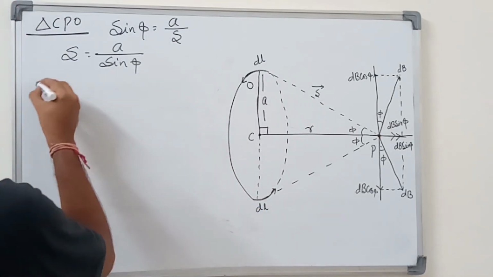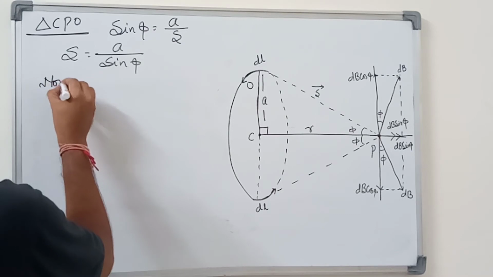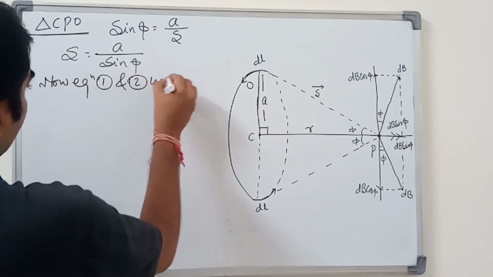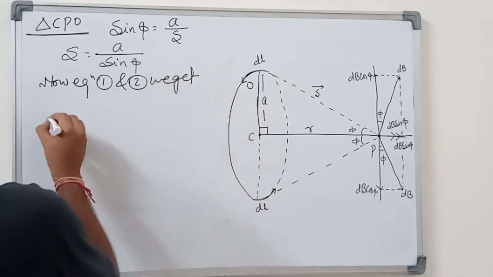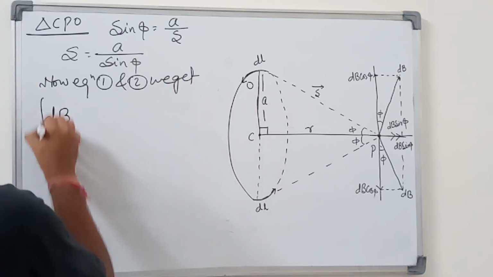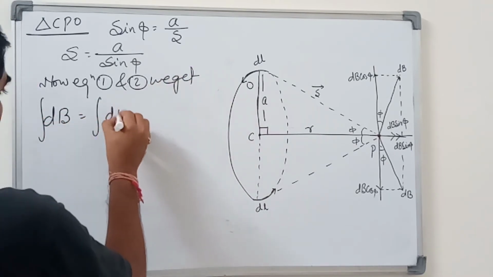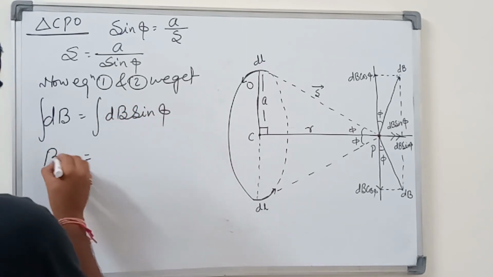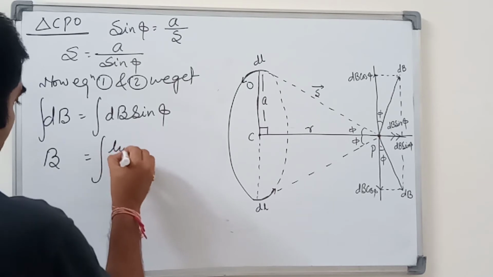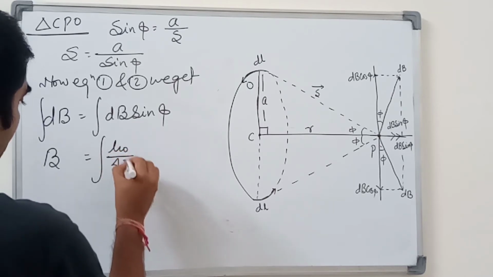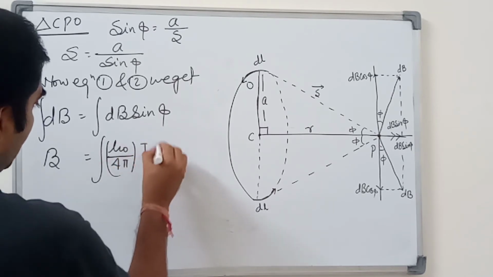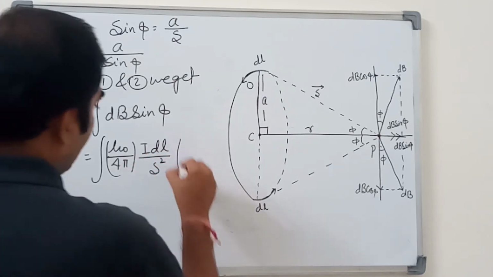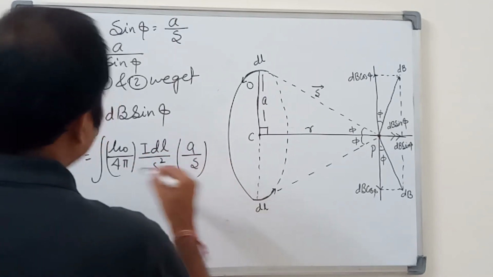Now from equations 1 and 2 we get B as the integration of dB sin phi, and put the value. Here is the B component, mu 0 upon 4 pi, I dl upon s square, and sin phi is the a upon s value.